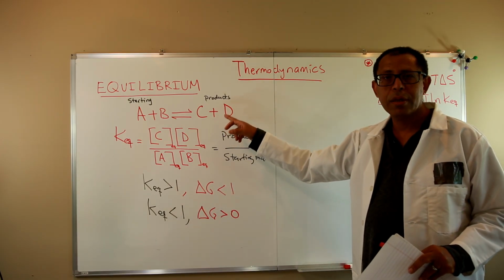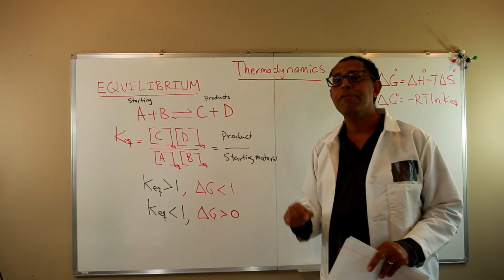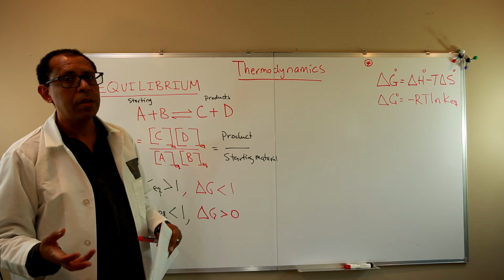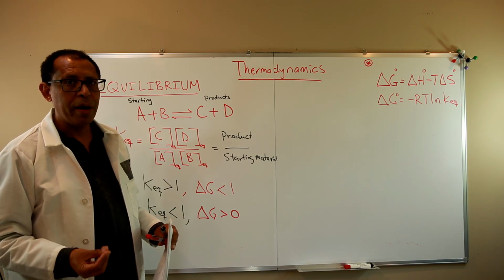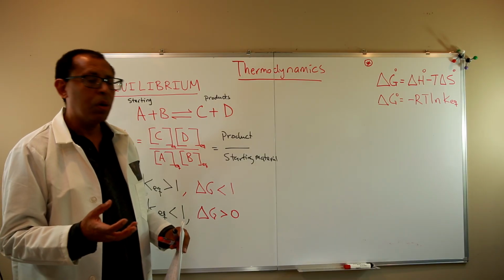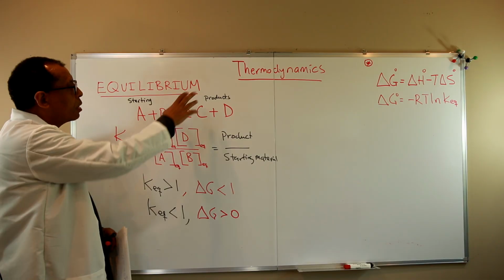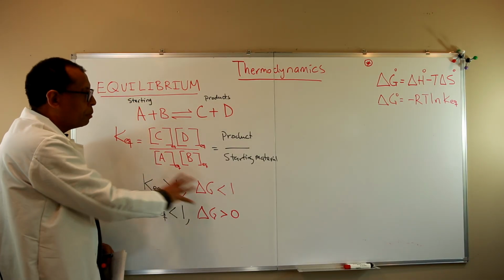That means products could be formed. But how fast they will be forming is another issue. That we deal with in kinetics. How is the kinetics of the reaction? How fast is a product being formed? These values wouldn't tell us. These are thermodynamic or equilibrium values. This is for an equilibrium situation.